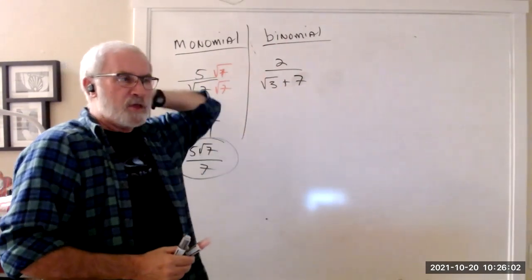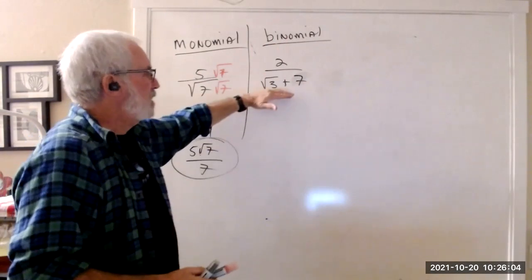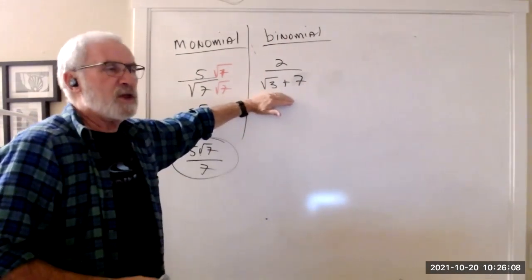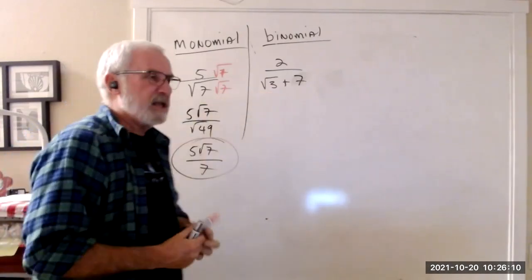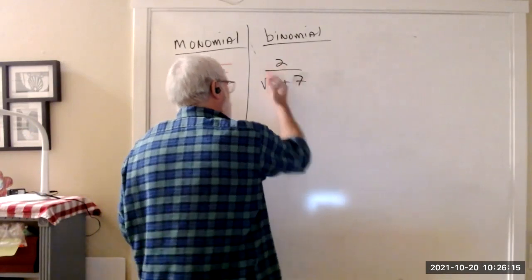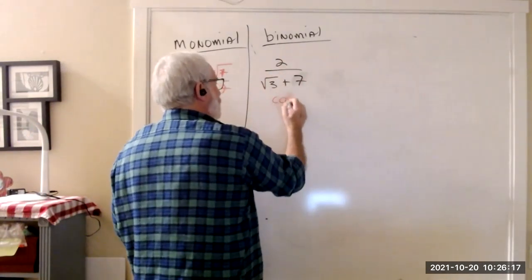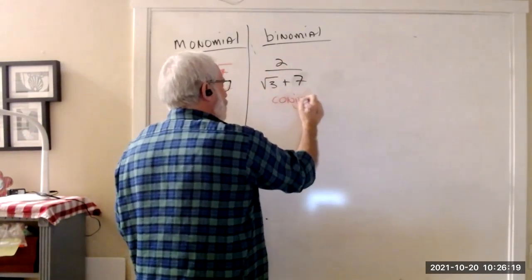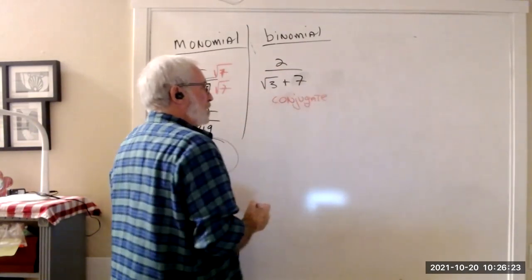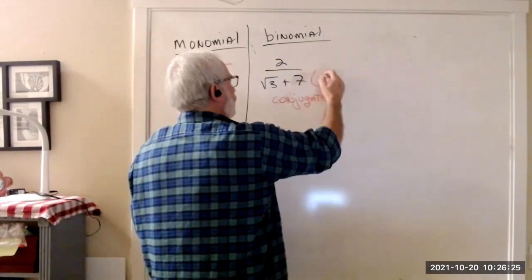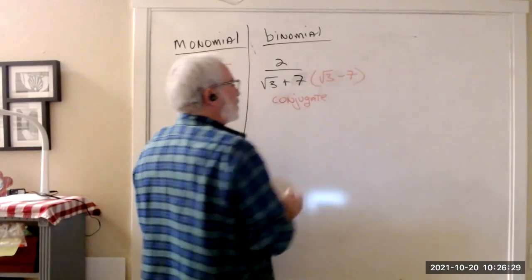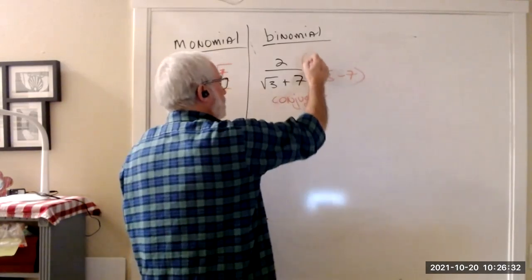The only way to clean this up, and I can't stress that enough, is to multiply by what's called its conjugate. Good spelling. Conjugate. And that is square root of 3 minus 7, top and bottom.